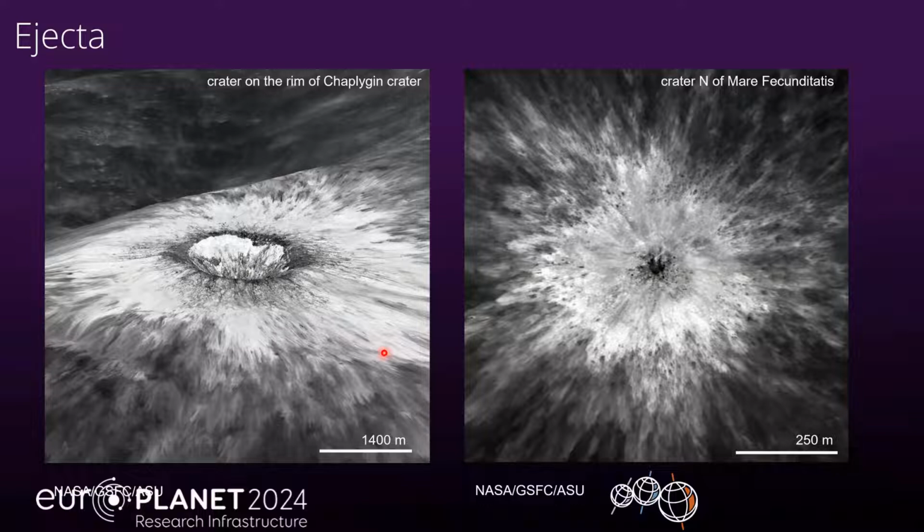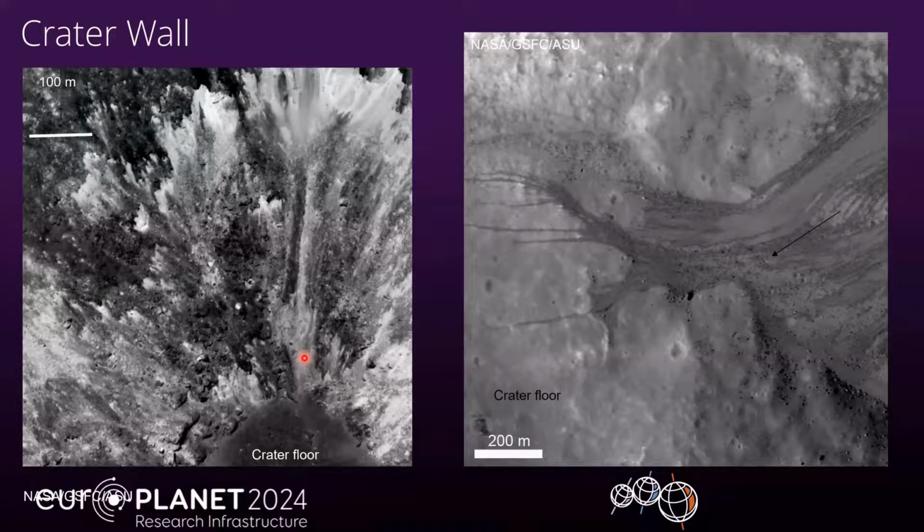Okay, so when you get into the details, this is higher detail than you might actually want to map. It depends on what your goal is. If you're looking at impact melt processes, you might want to zoom in and very carefully map the expression of impact melt that's flowing off of the crater wall into the crater floor, or the distribution of the different kinds of materials that are coming down the crater wall into the crater floor.